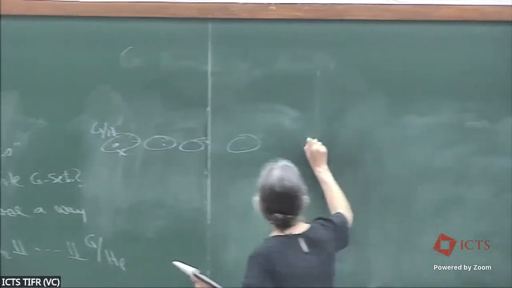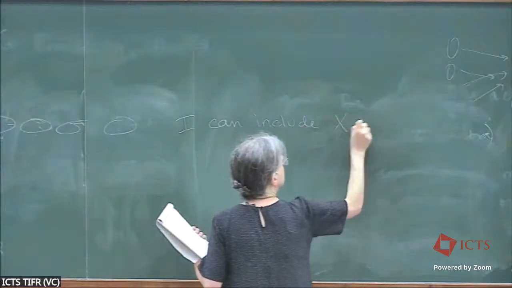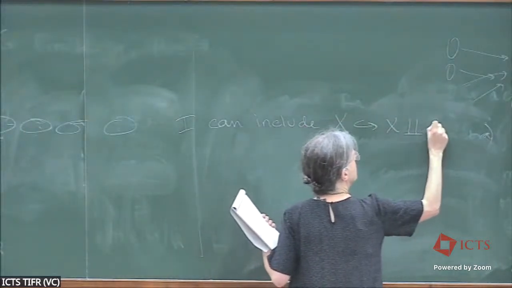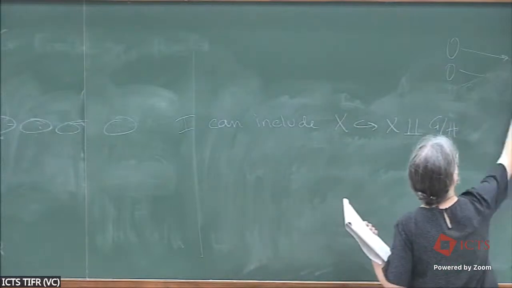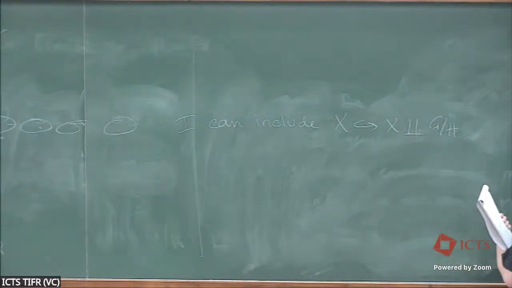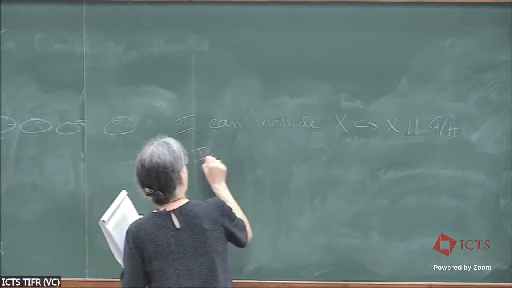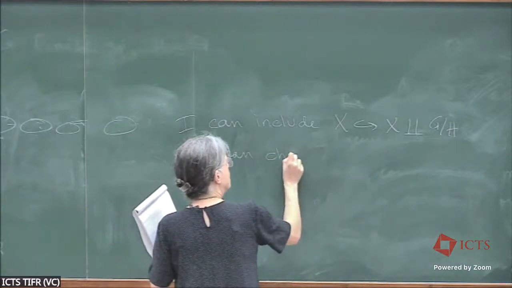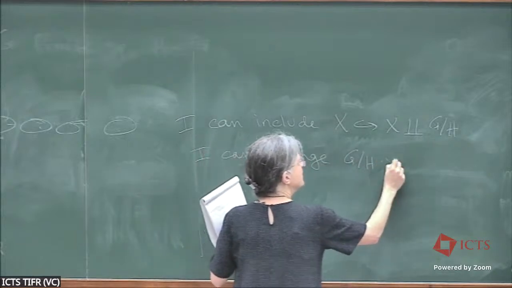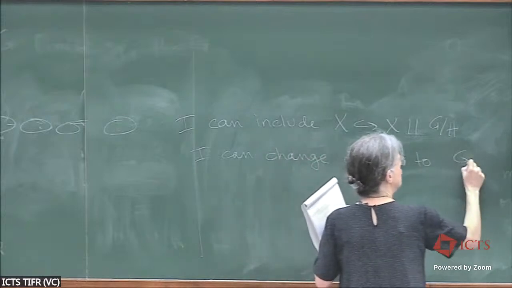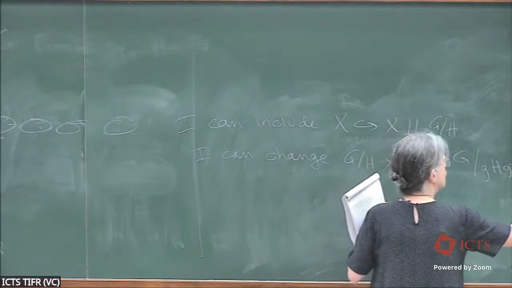So I can include some G sets into X disjoint union G mod H. I can change, if I had G mod H, the map to G mod gHg inverse, sending x to gx.